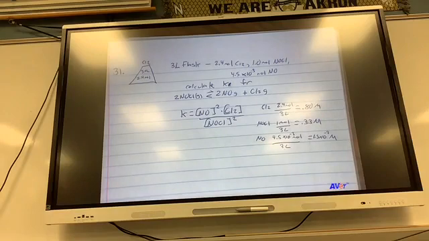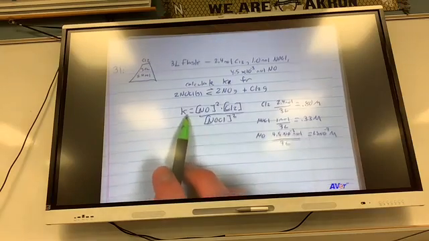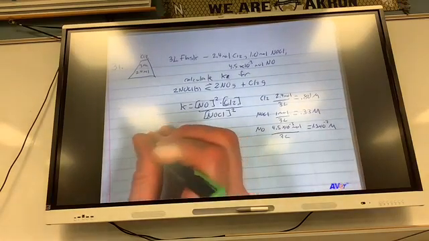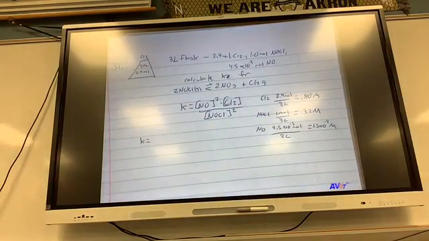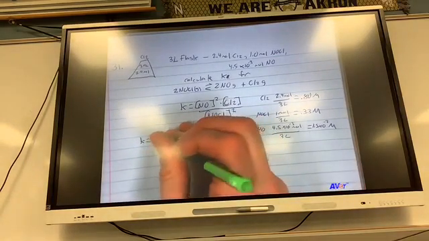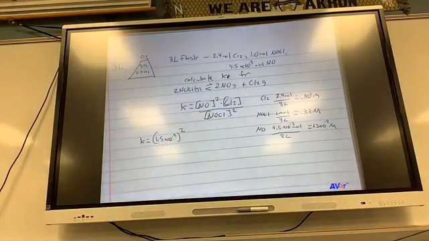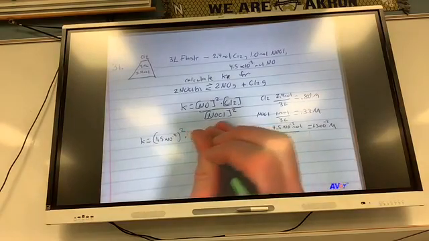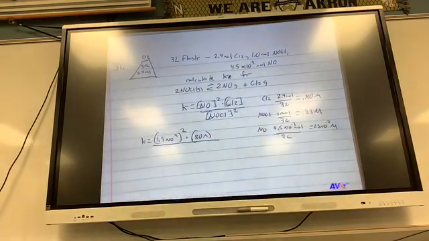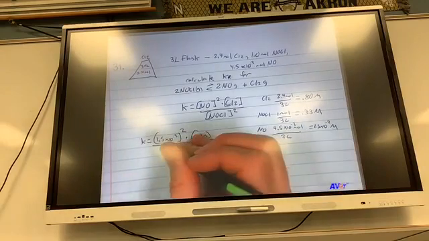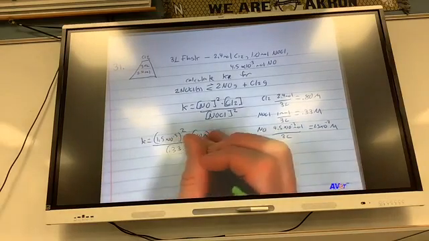Now, I'm going to sub all of those into my K expression. So here's my K expression. So K equals, for NO, I'm going to have 1.5 times 10 to the negative third squared, times Cl2, 0.80 molar, divided by 0.33 molar squared.